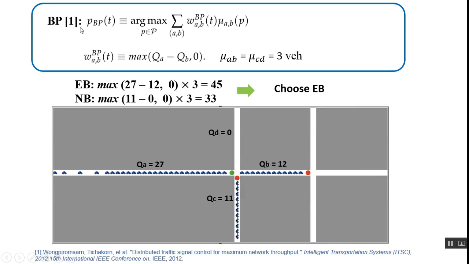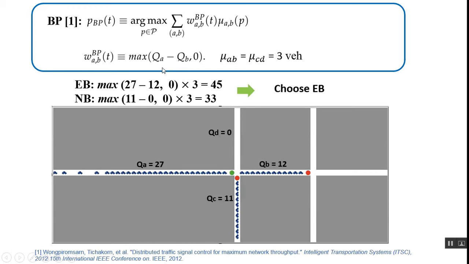So, in detail, the back pressure outputs the phase which maximizes the sum over all movements of omega AB times mu AB. Here, omega AB is the max of QA minus QB and 0.